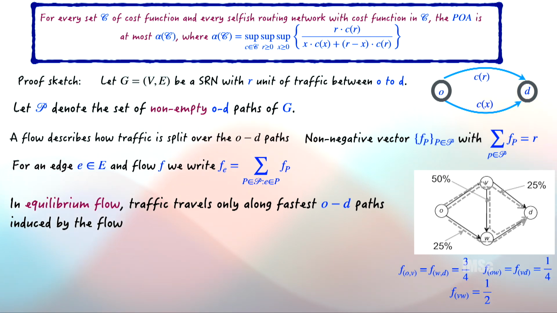So with respect to that flow f, the shortest time travel path is what we are interested in. Is it okay?